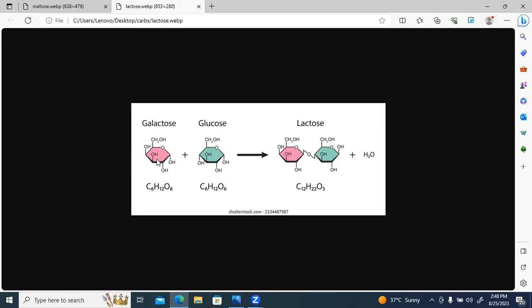So this beta galactose and beta glucose will undergo a condensation reaction, with a loss of water or dehydration. Because of that, this lactose will bind in the form of a bond which is called beta 1,4 glycosidic linkage, and there will be a loss of water in this reaction.